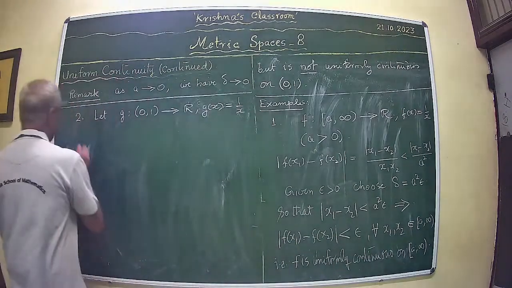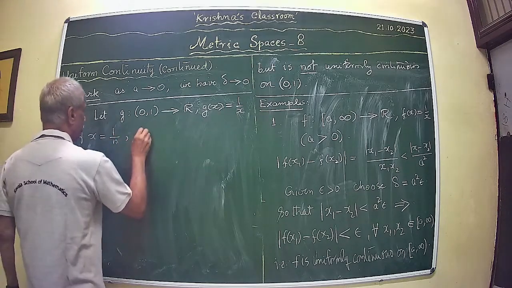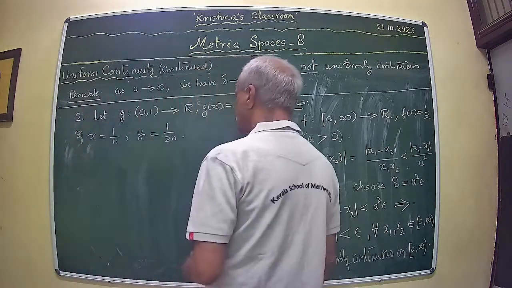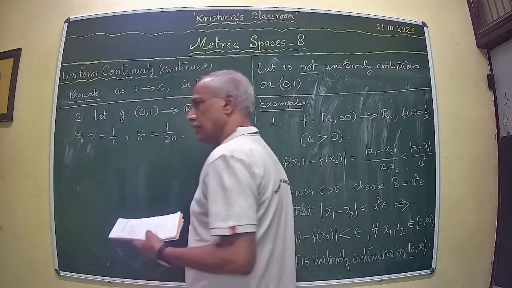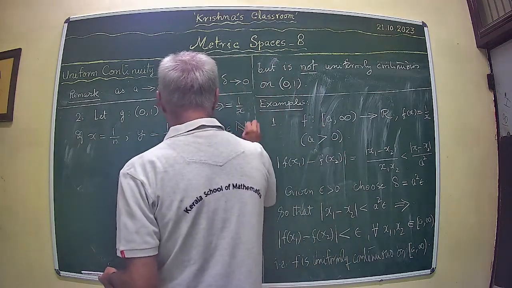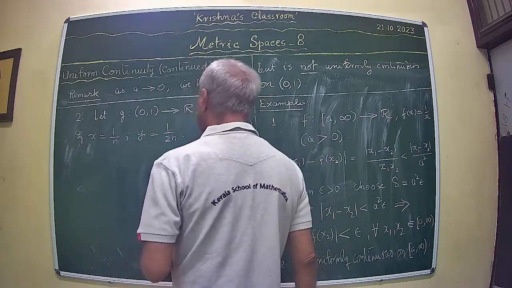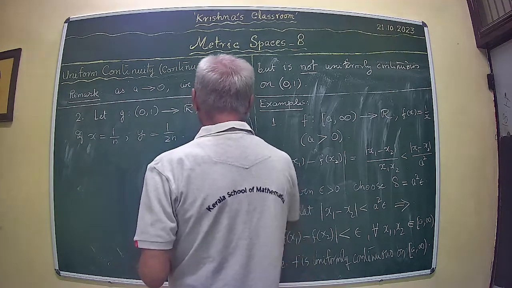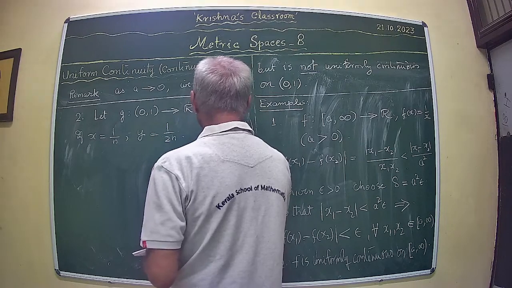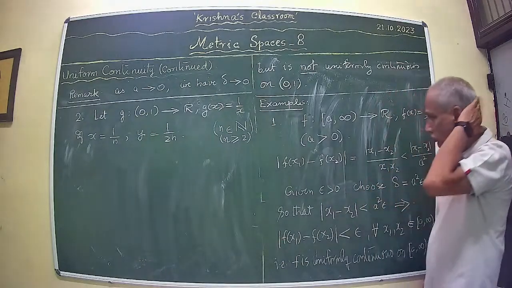Now observe that if x equal to 1 by n and y equal to 1 by 2n, then they belong to the interval 0, 1.